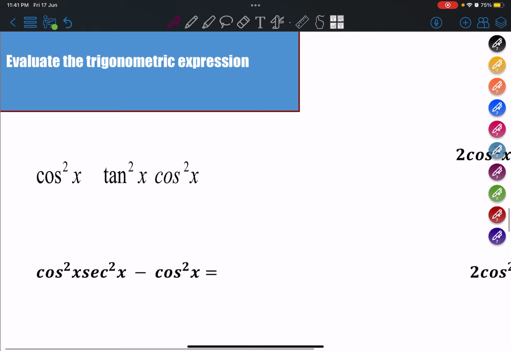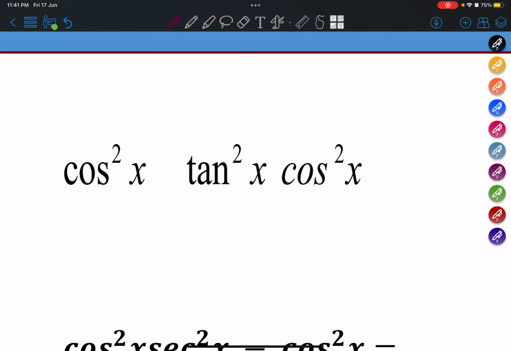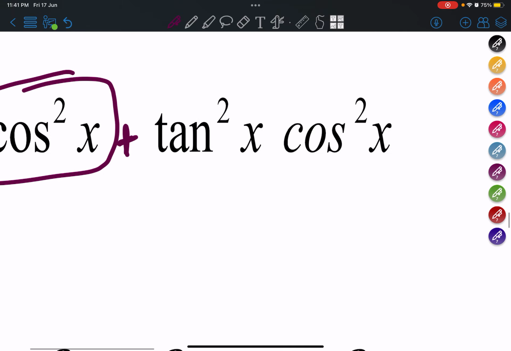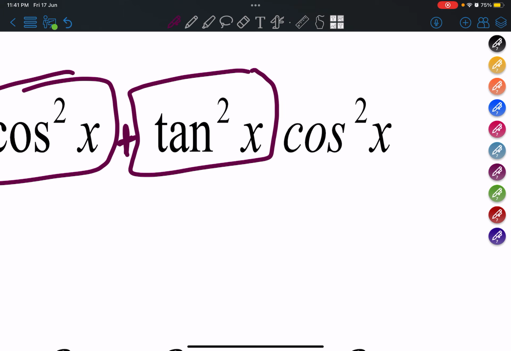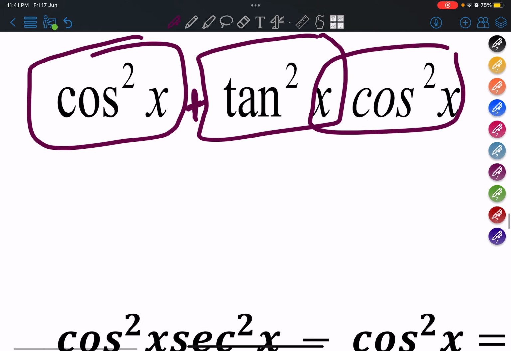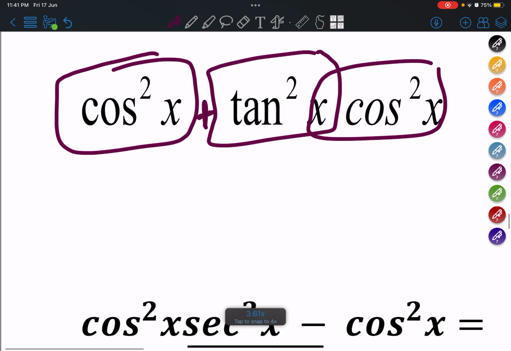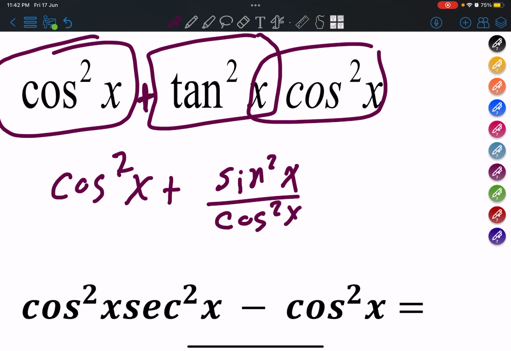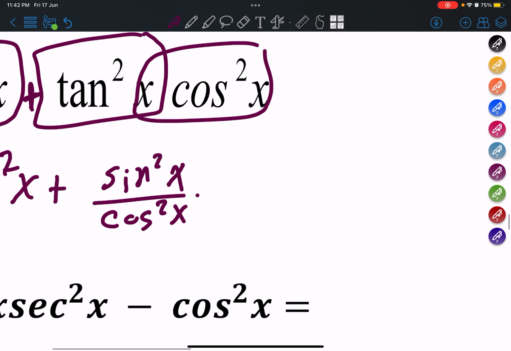Okay, if you go down here, I believe there should be a plus sign here. So we have cosine square x plus tan square x times cosine square x. What does this mean? We write cosine square x, the same thing, plus the value of tan square x as sine square x over cosine square x, times cosine square x.